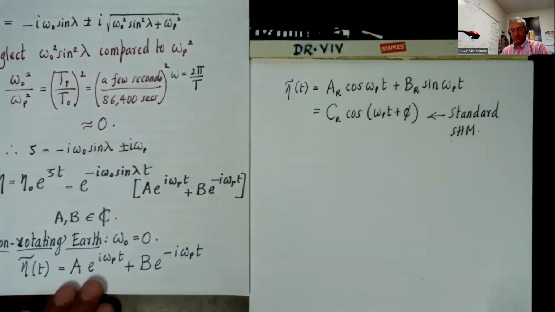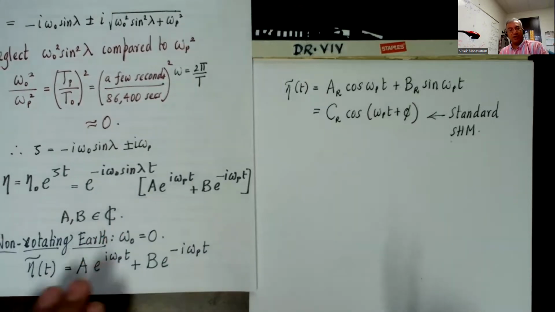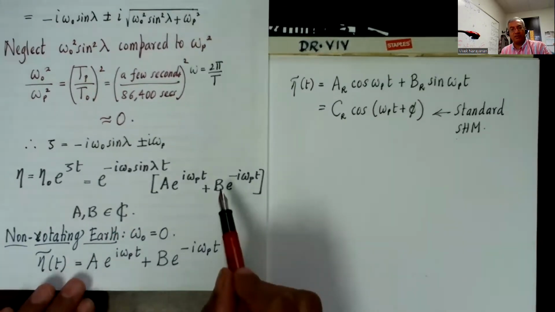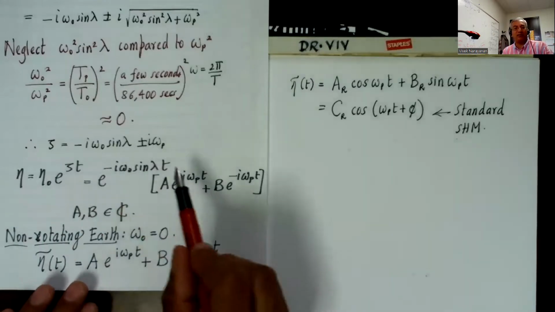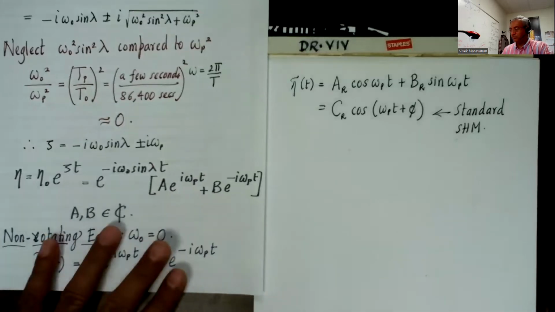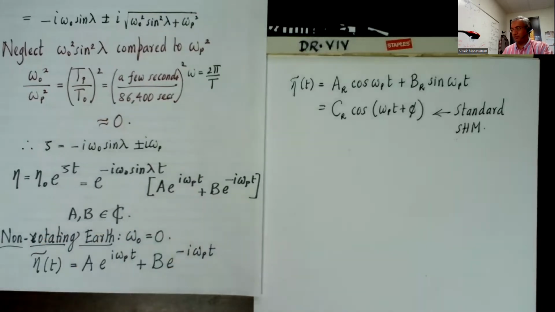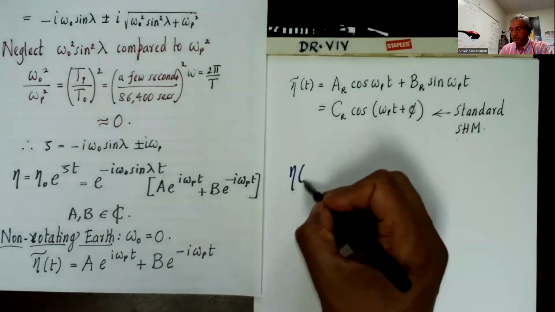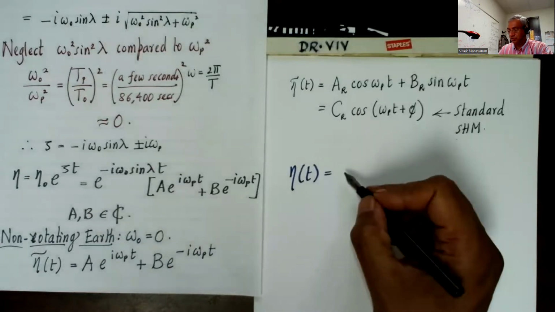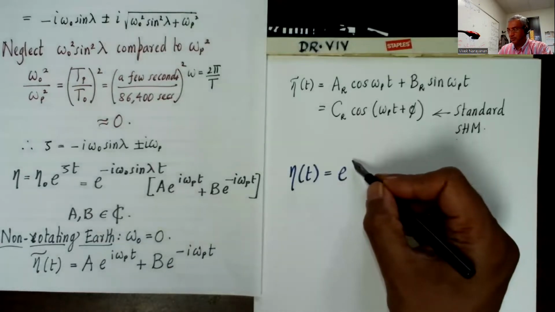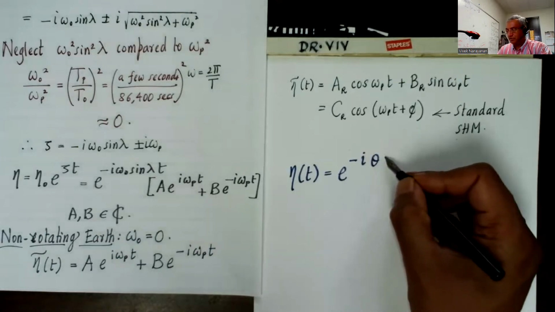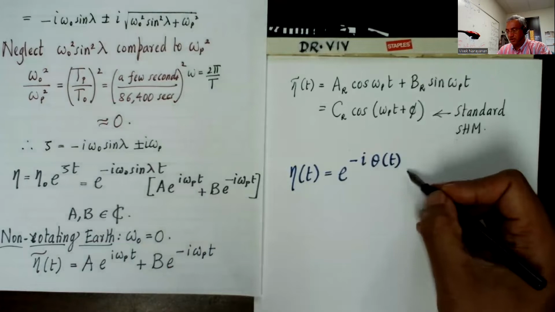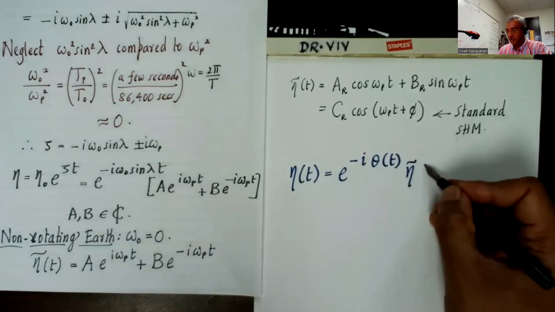But this tells us something important. If this is the non-rotating Earth's component, the only effect that rotating Earth has got is to multiply it by this quantity. So the full solution is got as follows. Eta of t is just equal to e to the minus i some angle theta as a function of time, eta tilde of t.